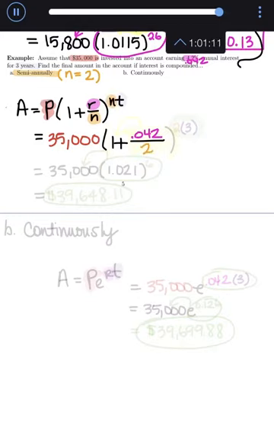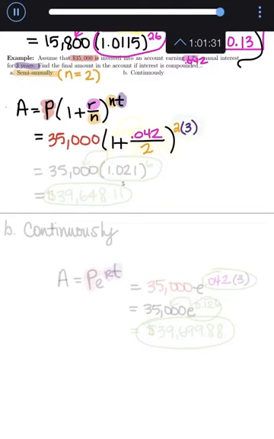Raised to the, notice, we've got another 2 on the outside as part of our exponent times the number of years we have. Our t is our number of years, which according to this one is, we're doing it for 3 years, so times 3.